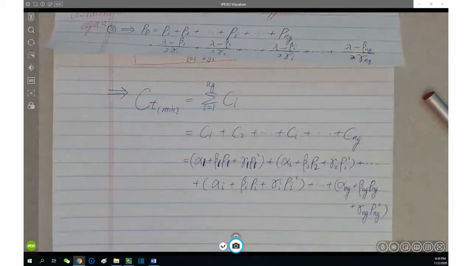Does it make sense? So this is the final answer. What's the minimum cost? Here we go. Take a look. Let's see if it makes sense. Any questions?